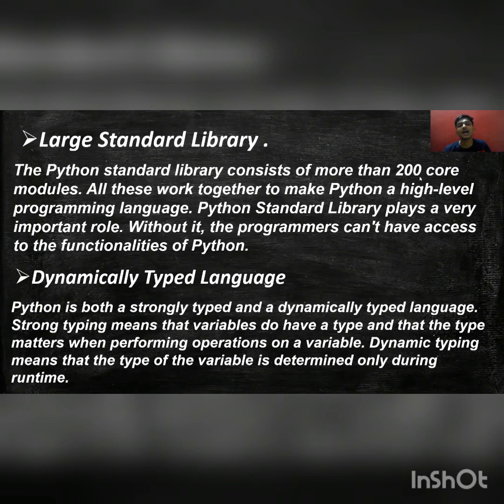And Python has a large standard library. Why? Because the Python standard library consists of more than 200 modules. All these work together to give Python its important role. Without it, programmers can't have access to the functionalities of Python.